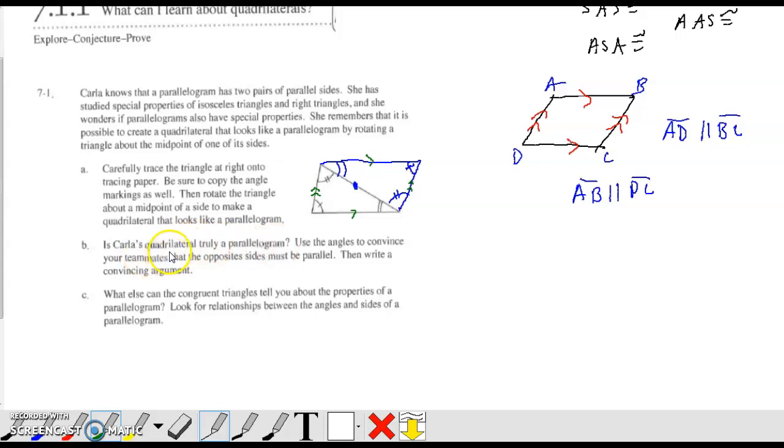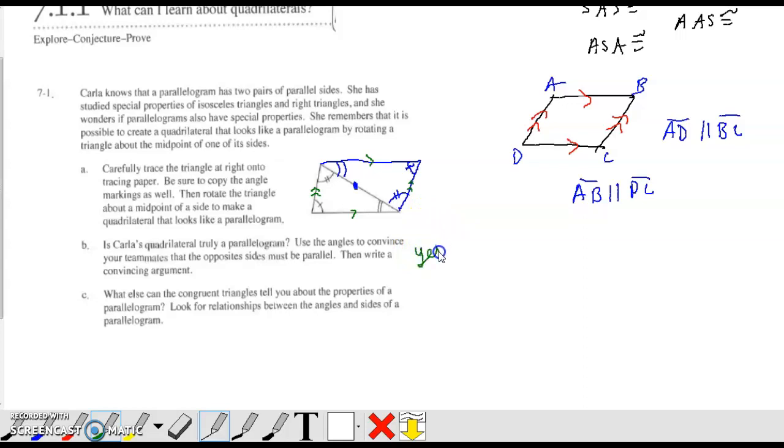So is Carla's quadrilateral truly a parallelogram? We want to use the angles to convince our teammates, or convince me, that the opposite sides are parallel, right? So what do I notice? We have to remember that if we have a set of parallel sides, then this line right here is our transversal. And if our transversal cuts 2 parallel lines, then we know alternate interior angles are congruent.